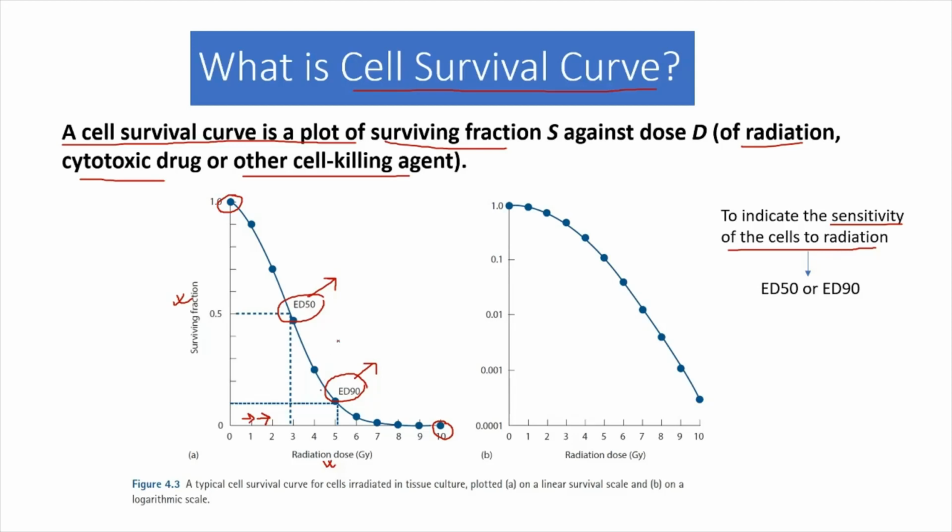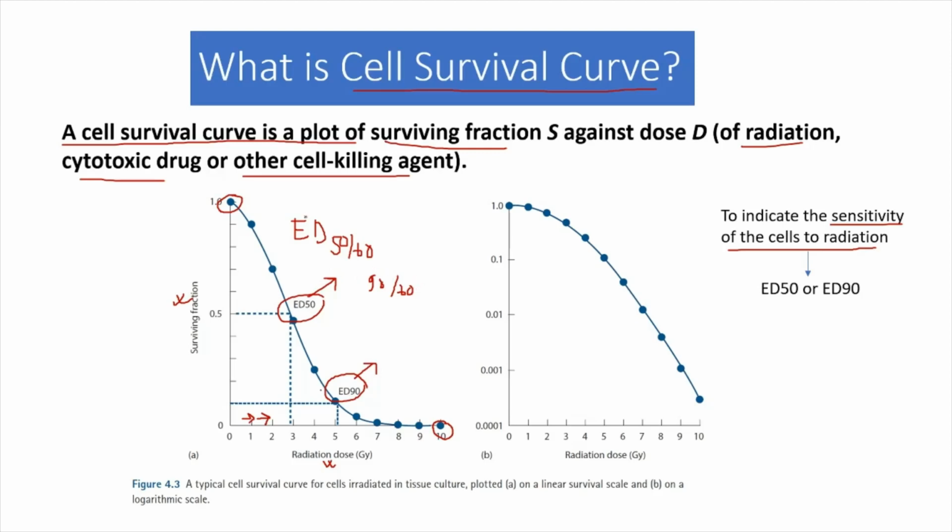There can be other representations also, like ED50/60, and the same goes for ED90/60. What does it mean? The effective dose at which 50% of the population dies in 60 days is effective dose 50/60, and the dose at which 90% of cells die in 60 days is effective dose 90/60.